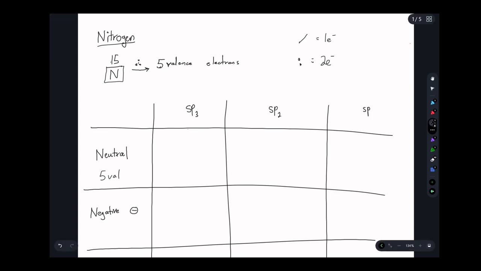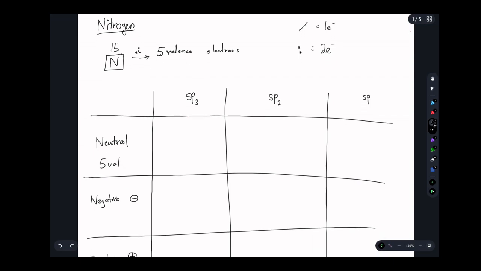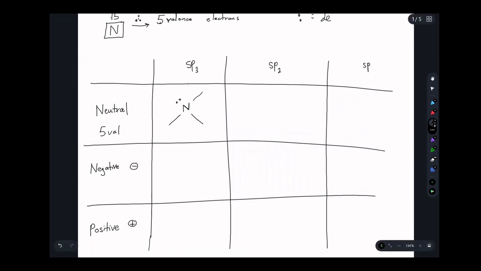Understanding that and the octet rule, the way you get 5 valence electrons is going to need to be something like this. If we have a nitrogen and we treat it like carbon, we know carbon wants 4 bonds. That's only going to be 4 valence electrons, and that's not going to be good. So nitrogen is going to look something like this.